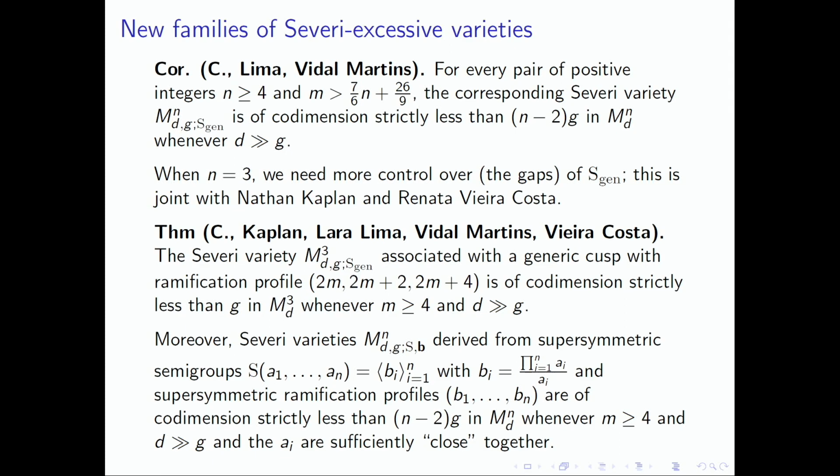And in fact, we can also do the same thing in supersymmetric cases. So if we take a supersymmetric semigroup and a supersymmetric ramification profile, then it turns out that the associated Severi varieties are almost always of codimension strictly less than n minus 2g, provided the a_i's are sufficiently close together in a way that I won't make precise.